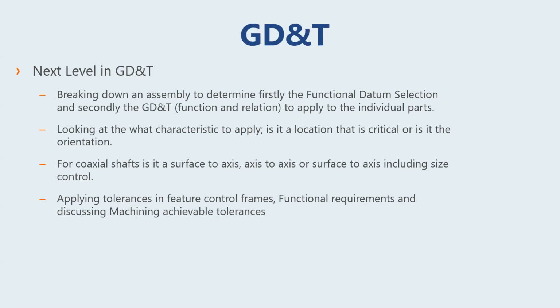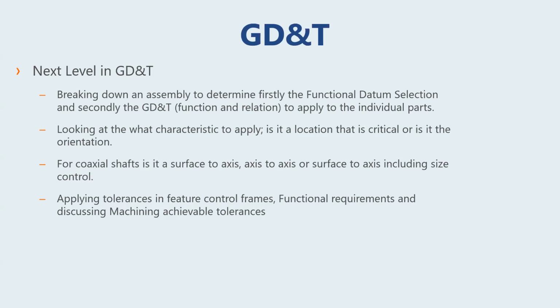And then you can also get into applying tolerances in feature control frames. This is something else that we go into detail on: what is the actual tolerance I should put in the feature control frame? Well, again, taking a look at what is the function and relationship we're trying to achieve.